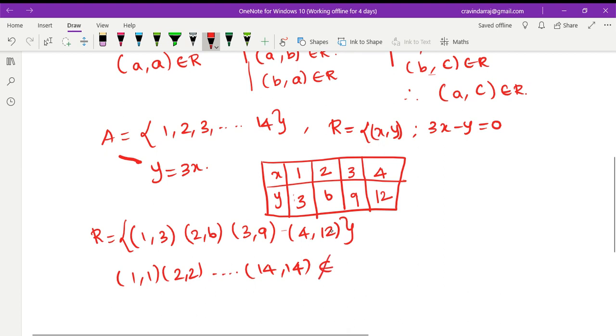They are not in the relation, so we can say R is not reflexive.